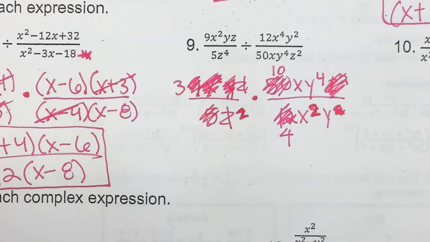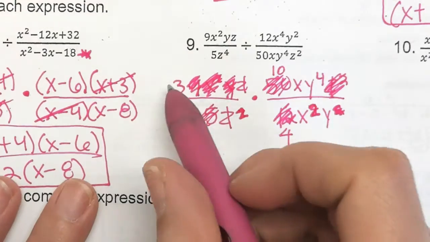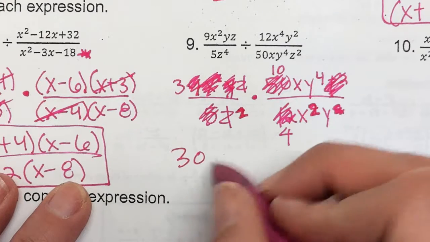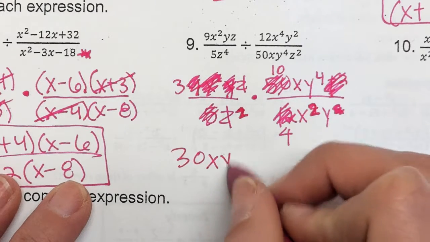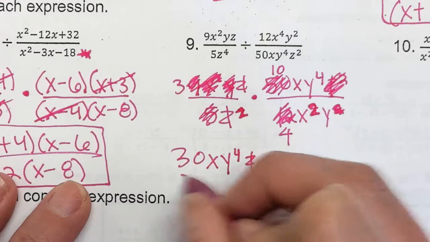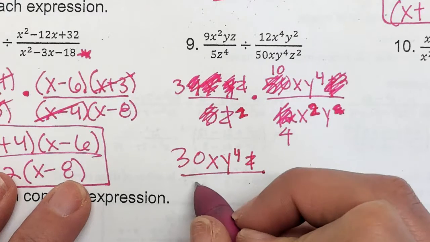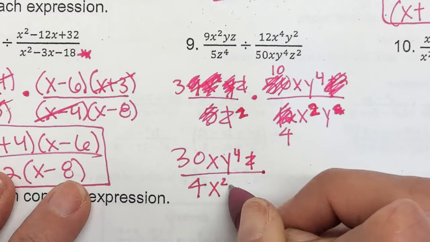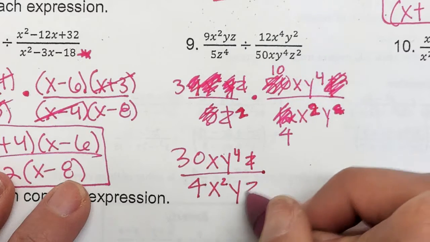Alright, let's go ahead and multiply the top, multiply straight across, and multiply the bottom. So on top we'd have 30x and z. Very good. On bottom, 4y and z squared.